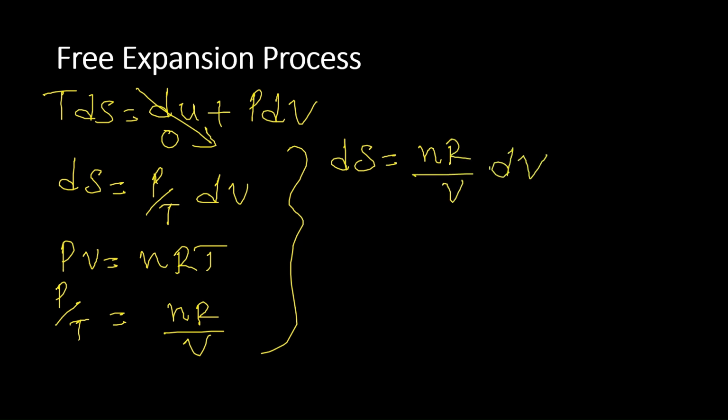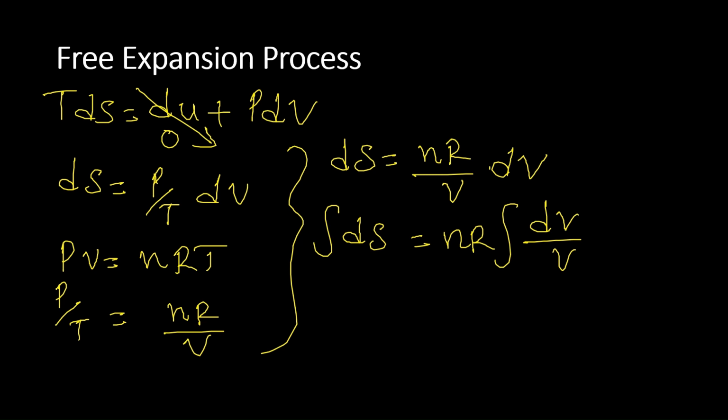By integrating both sides, we yield integration of dS is equal to nR, which is constant, so taking out of the integration, nR times integration of dV by V, which yields S2 minus S1, that is delta S, equal to nR times integration of dV by V over V1 to V2.